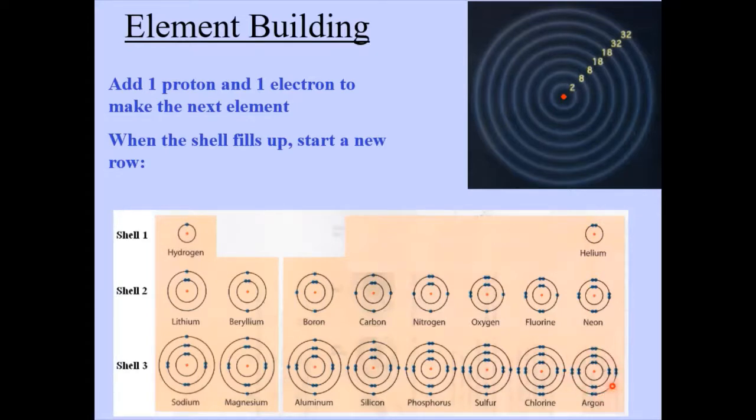So this process just keeps repeating for every element. We just keep adding 1 proton to the nucleus, and we add 1 electron to the shells, and we have to obey the seating constraints due to the shell model being 2, 8, 8, 18, 18, 32, and 32.